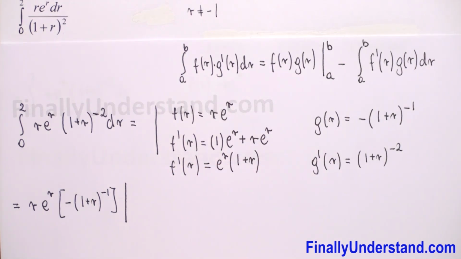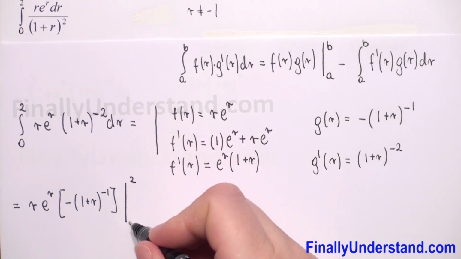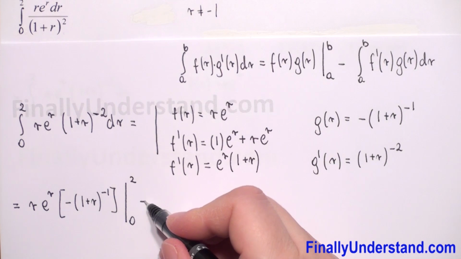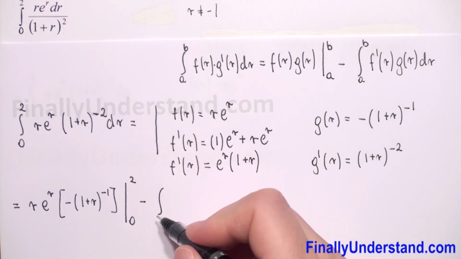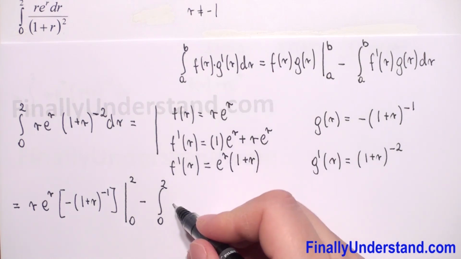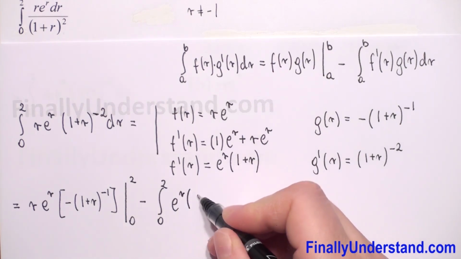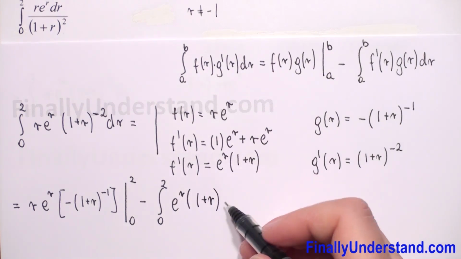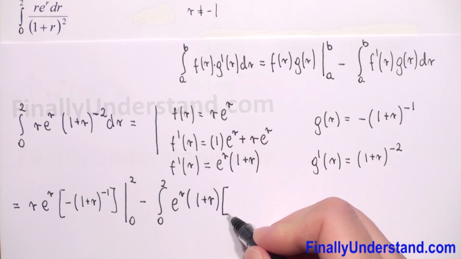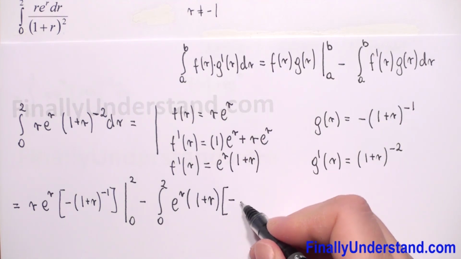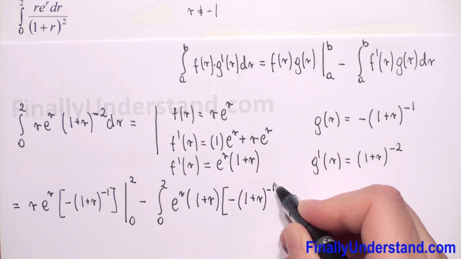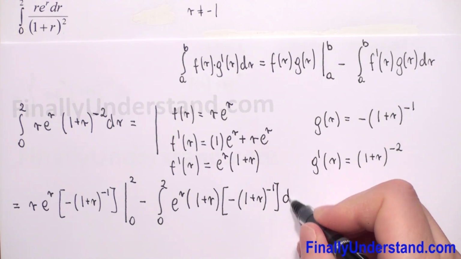On the top we have 2 and on the bottom we have 0, because we have a definite integral from 0 to 2, minus, and we have to rewrite the integral symbol from 0 to 2. F prime is equal to e to power r times 1 plus r, times g, which we'll put in brackets because we have a negative sign, 1 plus r to power negative 1, with respect to r.